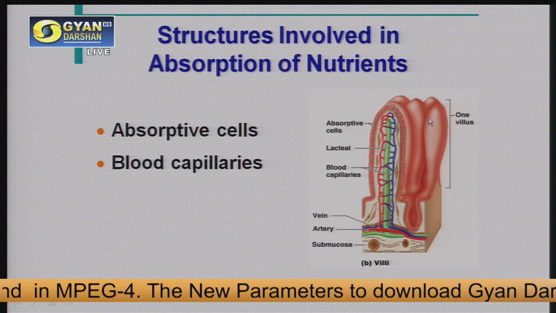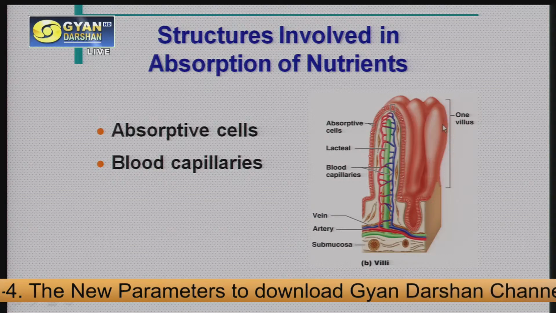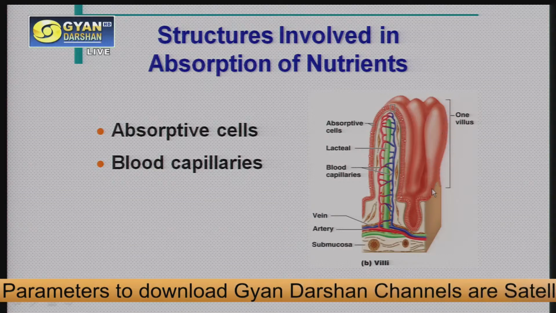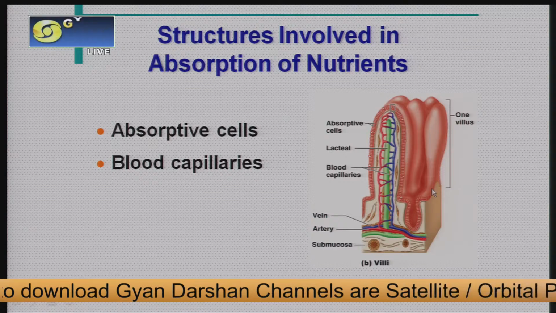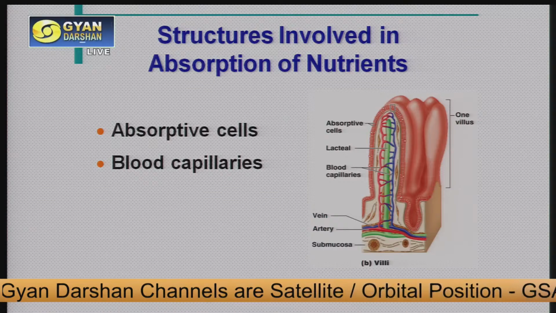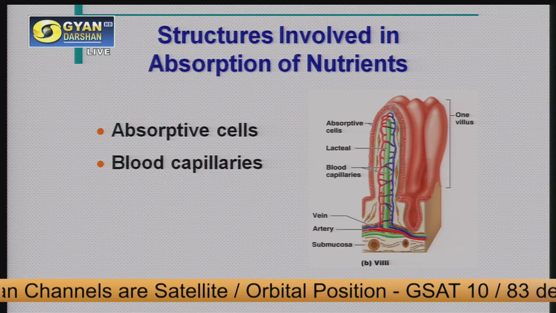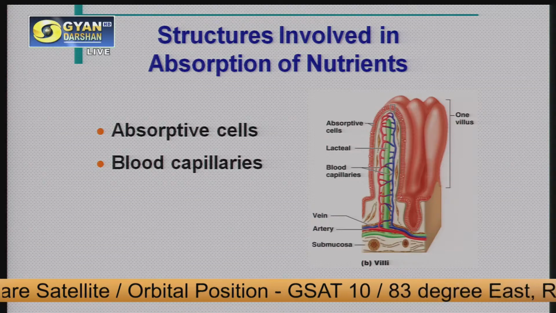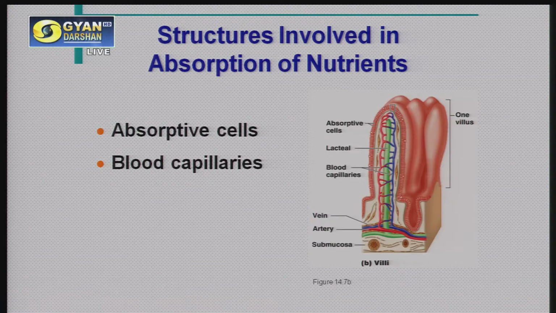This entire structure that I am showing you is one villus. I told you there are many villi present here, and out of these, this is a single villus. You can see how complicated this structure is and how it is increasing the absorptive area.